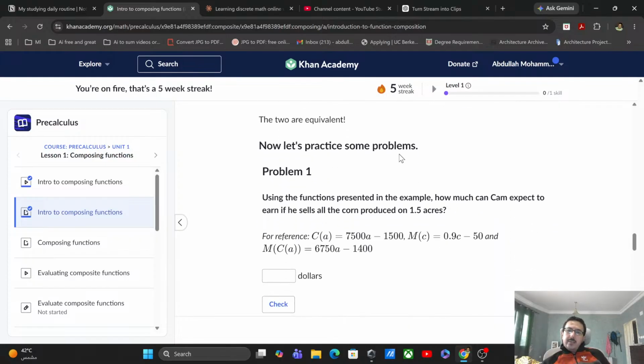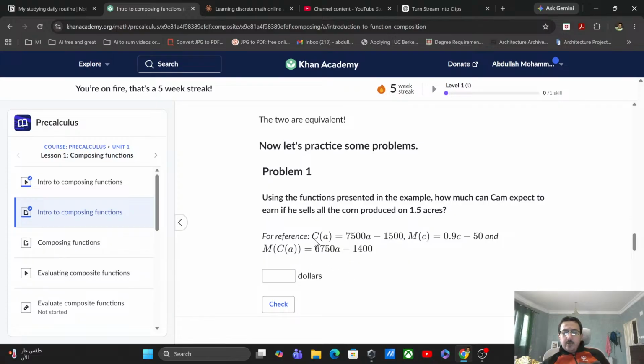Now let's practice some problems using the functions presented in the example. How much can Cam expect to earn if he sells all the corn produced on 1.5 acres? For reference, C of 7500.